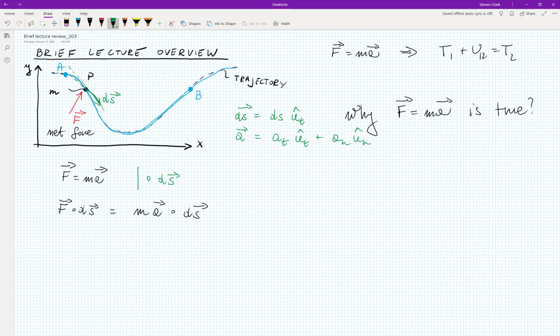Do you mind if I ask you for help again? Could you please tell me what is this dot product just by looking at these two vectors? Just by looking at this dot product, what I should write in here.